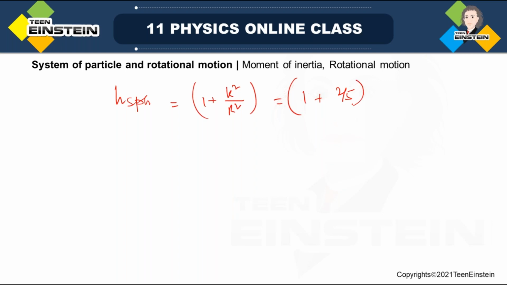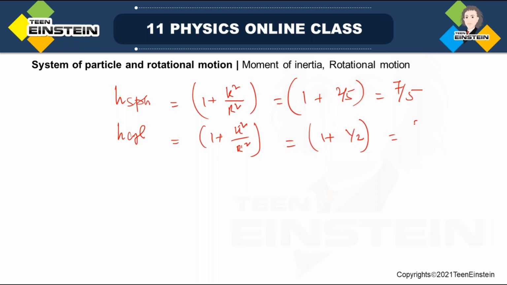So we get 7 by 5. And h cylinder is 1 plus k prime square by r square. Anyway, r is the same, but k will be different. So this is 1 plus half. Okay, this will give you 3 by 2.